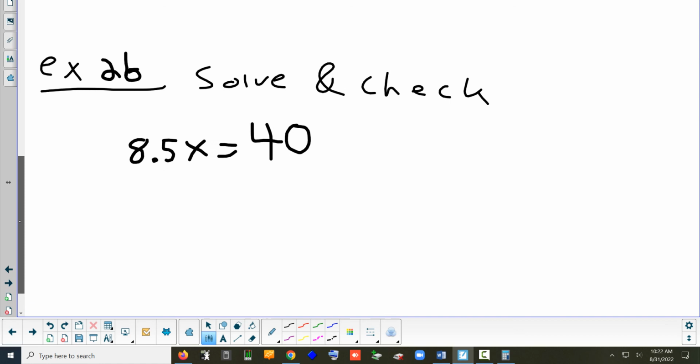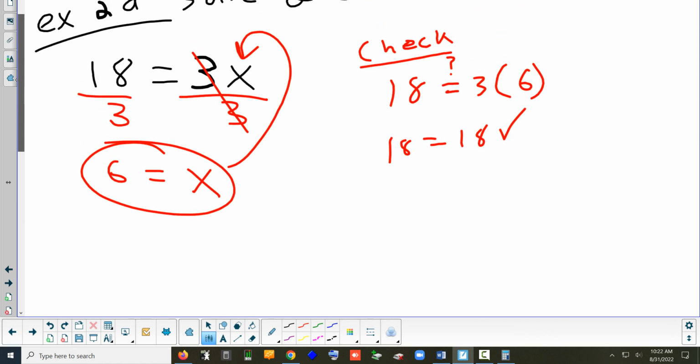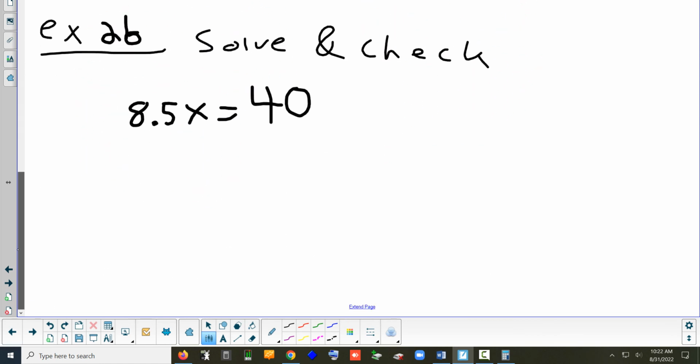Is that the same case as the last problem? Or is that a different case? What do you think, Sean? It's the same case, right? It's where you have a decimal attached to the variable. So it's the same case.